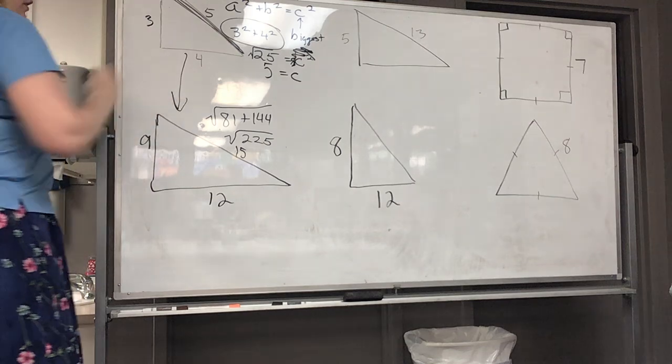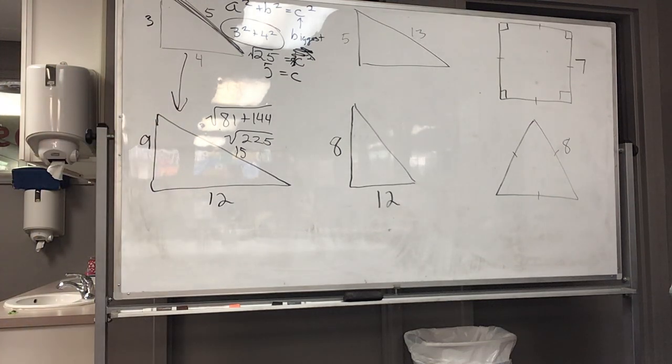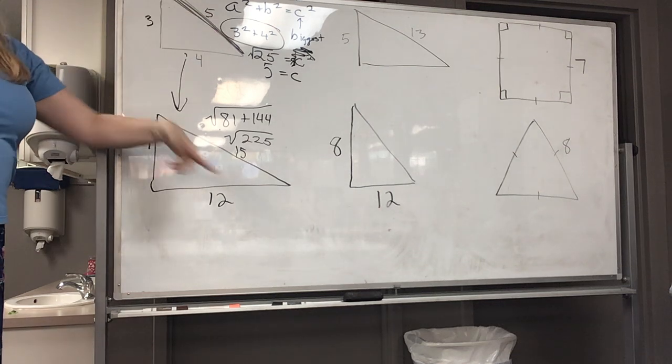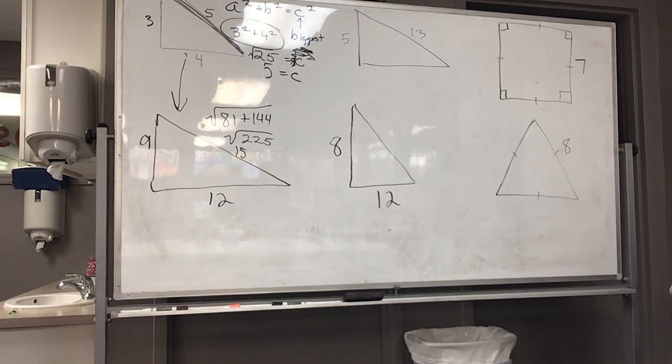This is just a variation of 3, 4, 5. Again, it's similar. 3 times 3 gives us 9, 4 times 3 gives us 12, 5 times 3 gives us 15. And it just shows up again. And so you'll also see variations of that number combination.